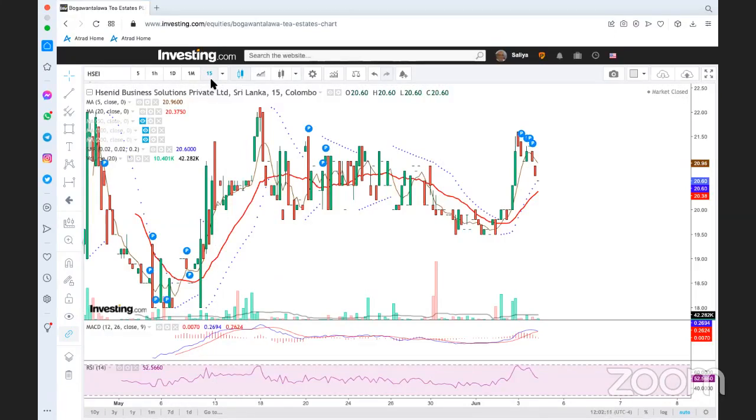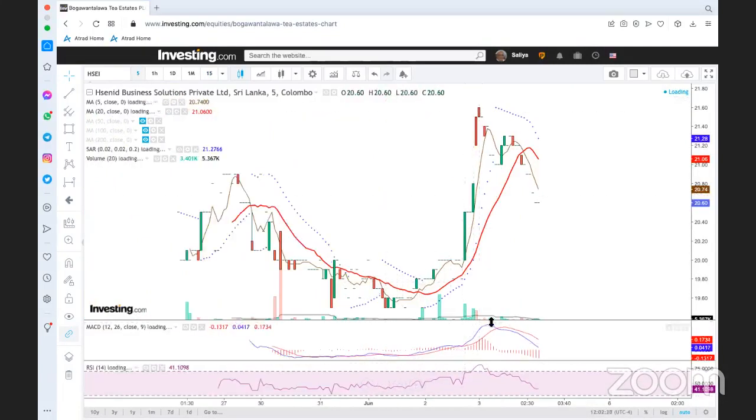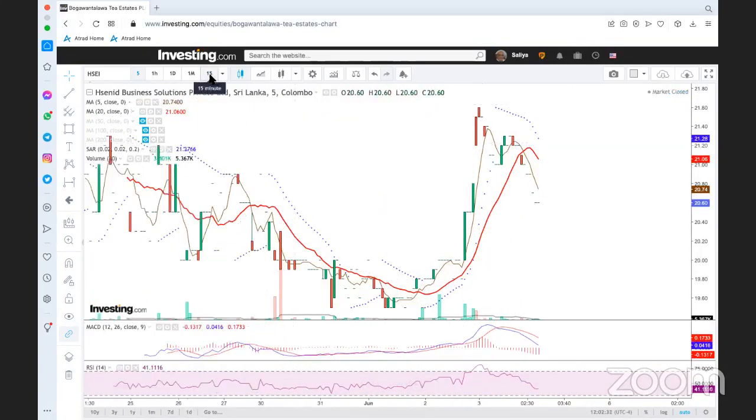The 15-minute chart is the time frame that you can use to enter into the position once the indicators are turning bullish, especially the MACD. MACD has touched the signal line, need to wait for that. Then the 5-minute chart is also important, right? Either you use the 15-minute chart or the 5-minute chart to look at the MACD movement.